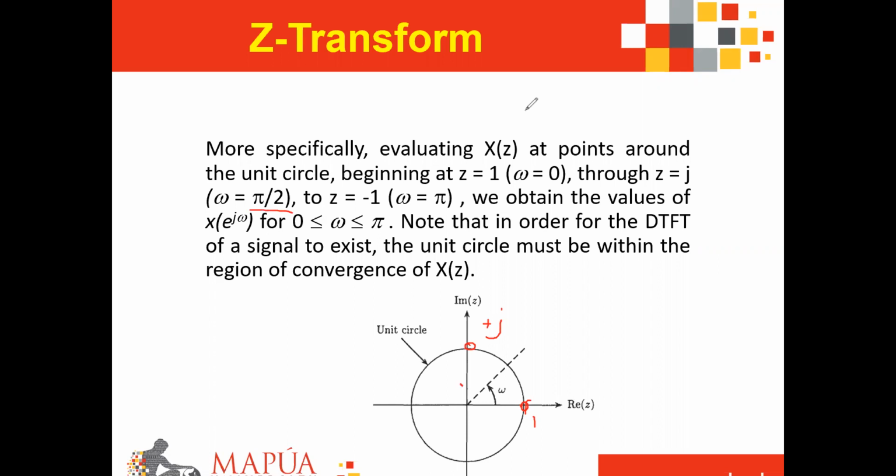Kapag negative 1 yung z mo, ano angle mo? 180 or pi. Kasi bumabalik lang yun, paikot-ikot lang, unit circle, and your omega is simply an angle.